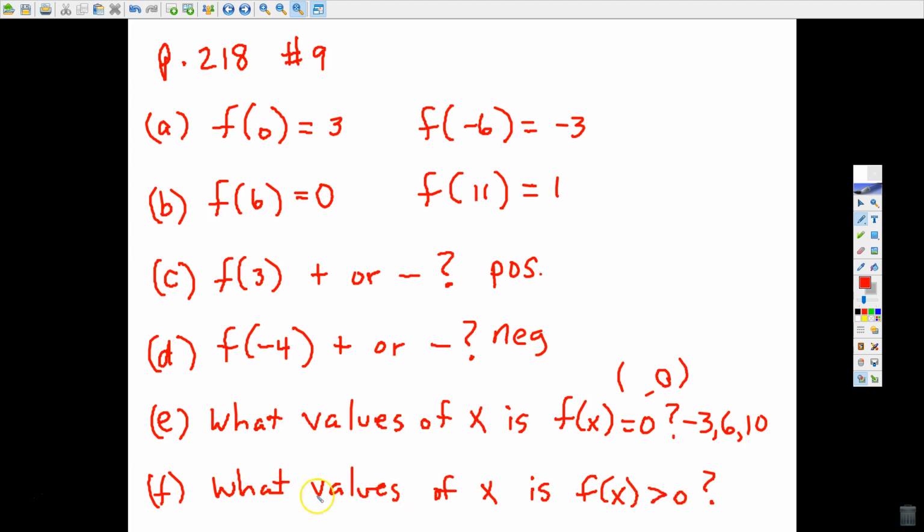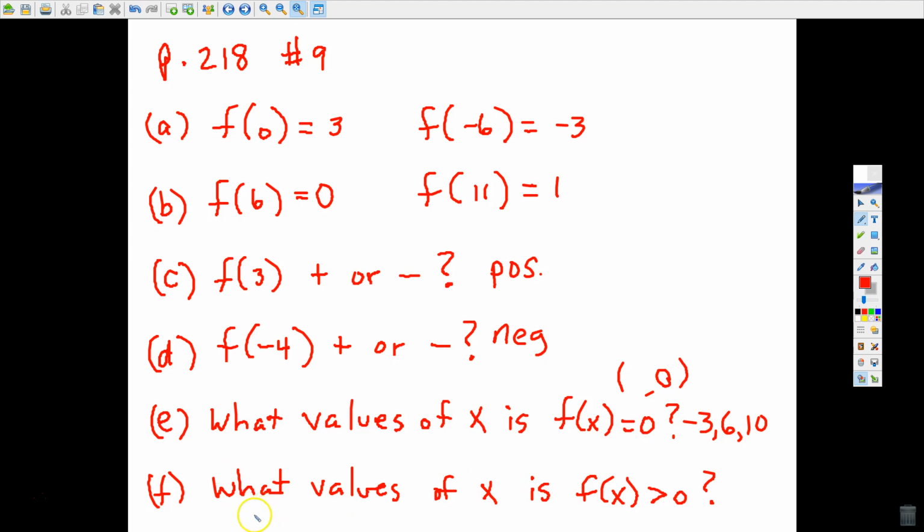Then the next question is for what values of x is f of x, or y, greater than 0? Well, that's going to be for several numbers. Any number between, for x, -3 and 6, that's going to be true. Now, that's not going to include x is -3 because that's where it is 0.